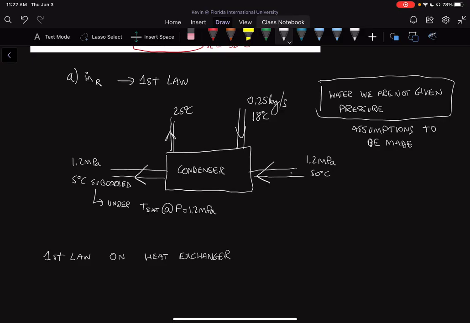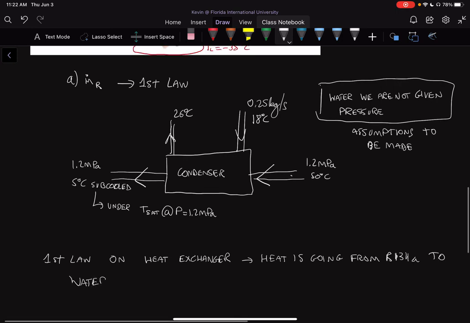And we know that heat is going from R134A to our water.